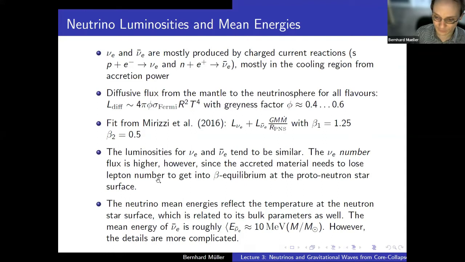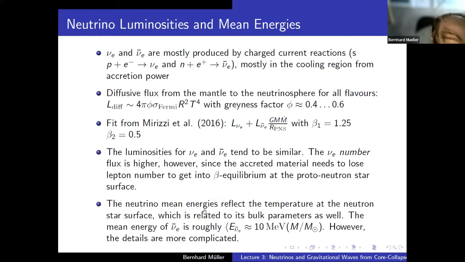And of course, something that's very interesting is that you expect the spectrum of the neutrinos and their mean energy to be essentially a thermometer for the conditions at the neutron star surface. One can work out and verify using simulations that the electron antineutrino mean energy is a very good proxy for the neutron star surface temperature.